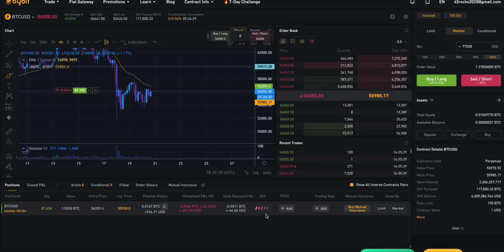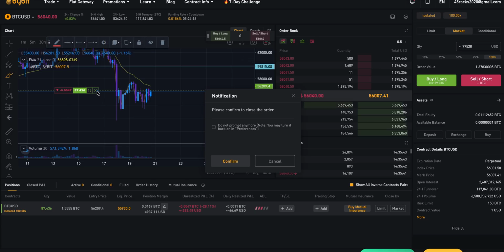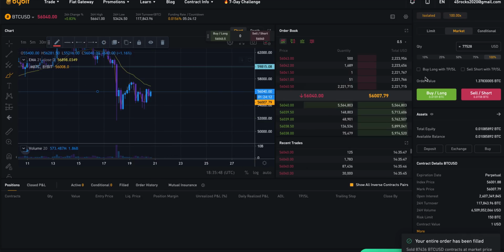Okay, so I think that pretty much covers it, guys. This is pretty much what you will need to know in order to trade on Bybit and do well. Of course, I'm going to close out this order. And I recommend trading with lower leverage.